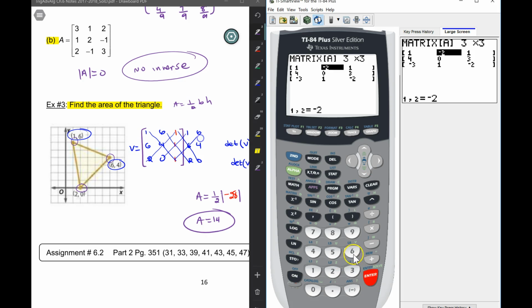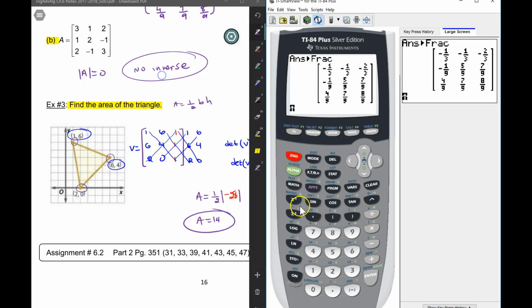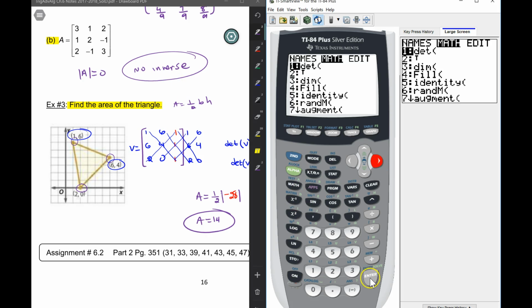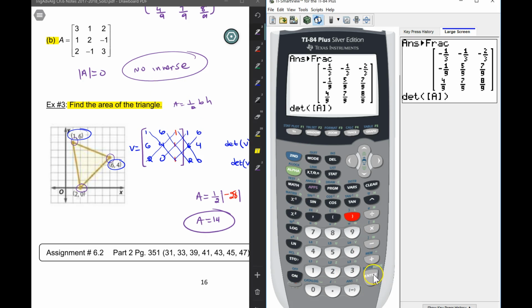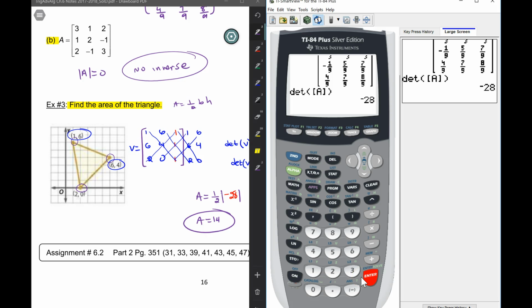So 1, 6, 1, 6, 4, 1, 2, 0, 1, and I think here I need a 1, right? So if I find the determinant of this, the determinant is this, right?